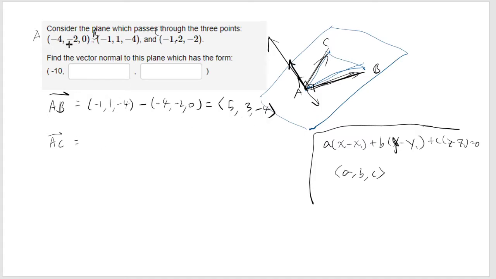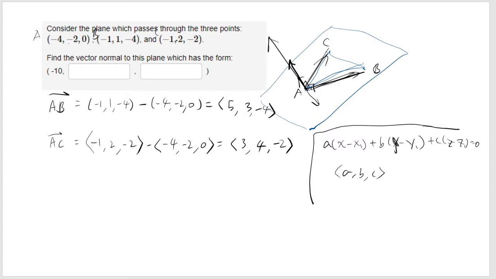It's terminal minus initial, so (-1, 2, -2) minus (-4, -2, 0). Then it's plus 3, 2 minus -2, that's 4, -2 minus 0, so it's -2. Okay, so you have these two vectors.